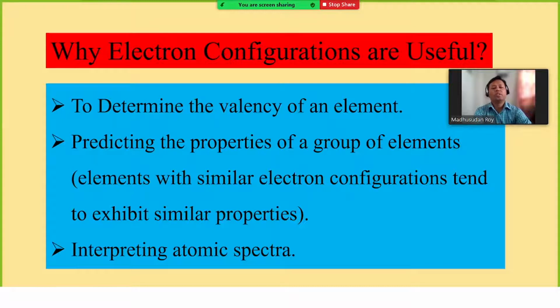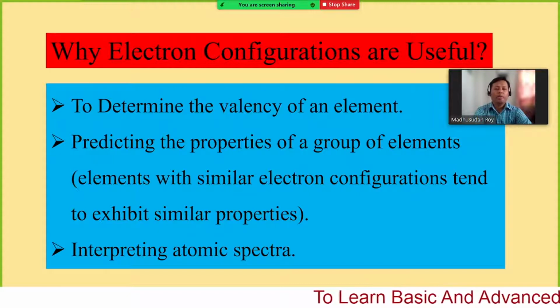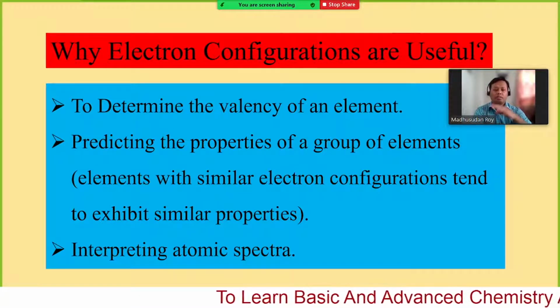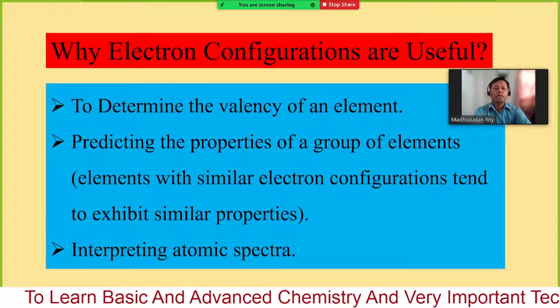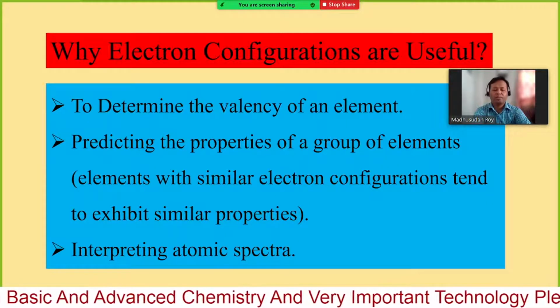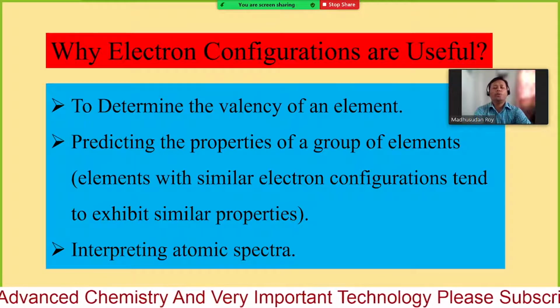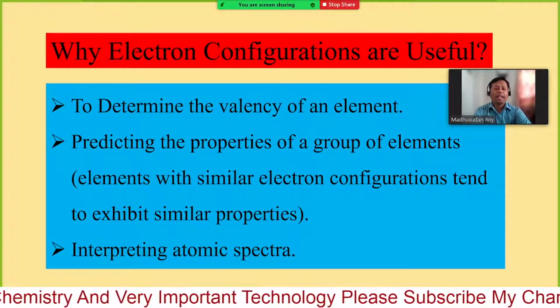If you consider any group in the periodic table, maybe group 2, magnesium, calcium, or even group 1, first skipping hydrogen, lithium, sodium, potassium, this is the group 1 elements.